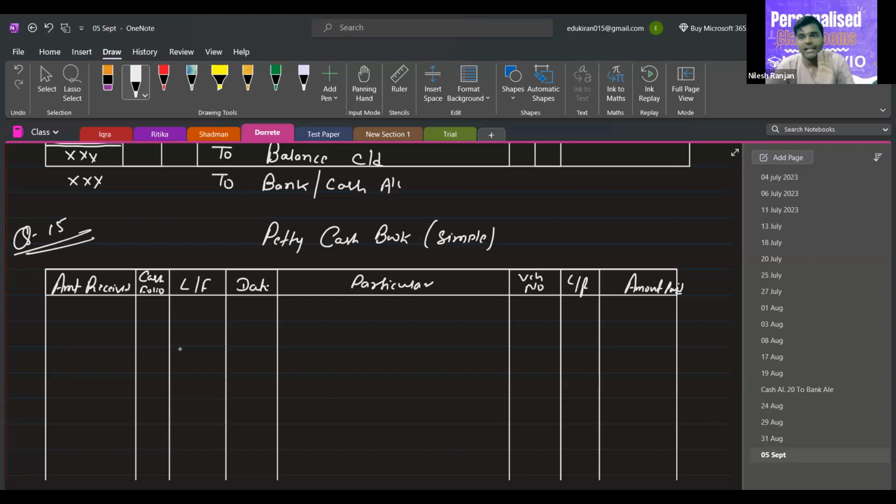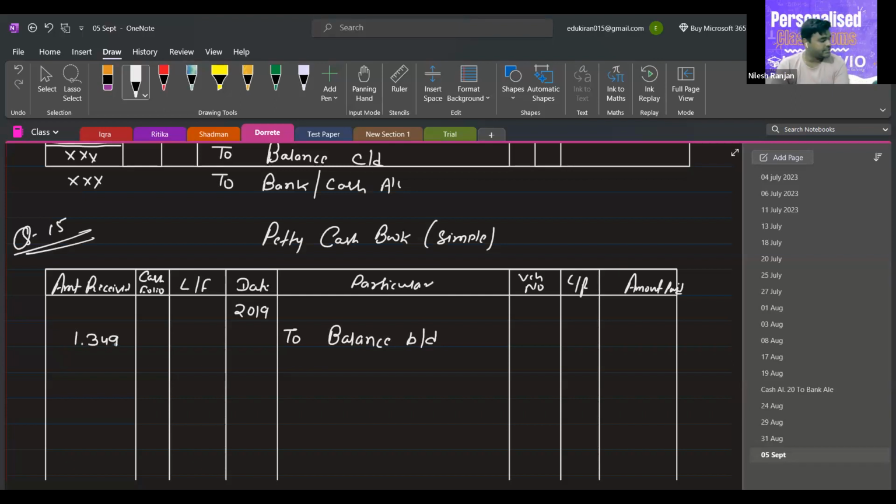So there will be no balance in simple system of petty cash book. But when the system is imprest, then there will be some balance in hand with the petty cashier, and he will receive the balance amount. So the year is 2019. So we will write here 2019. First of all, to balance BD. To balance BD, it is 1,349.